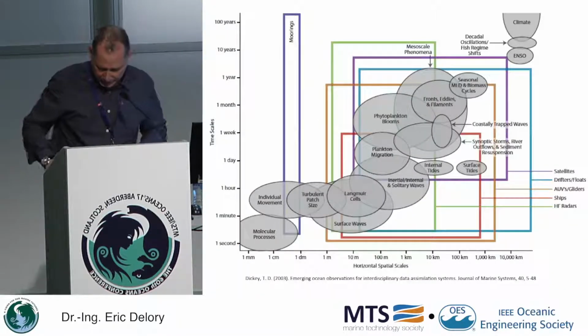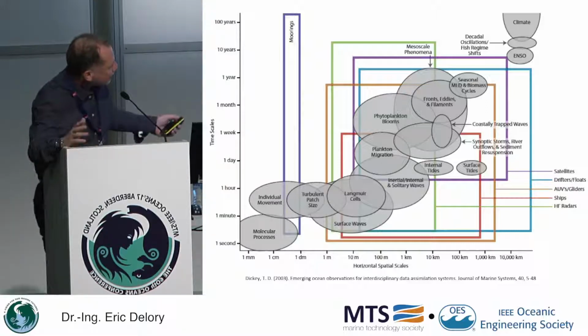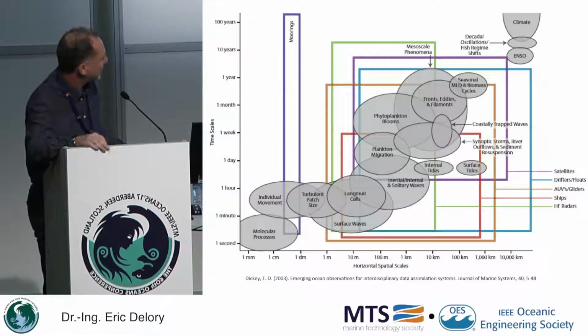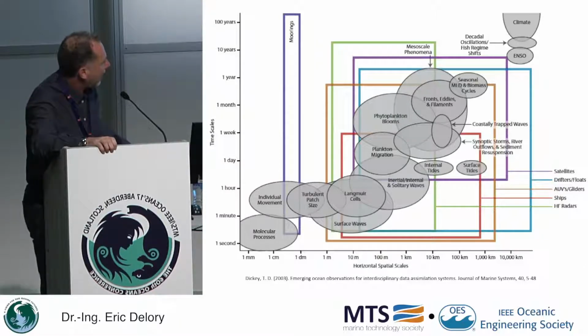This is quite an interesting diagram where you can see the variety of processes and how they scale in the ocean from the millimeter scale to the thousands of kilometers, and in time from milliseconds to hundreds of years.